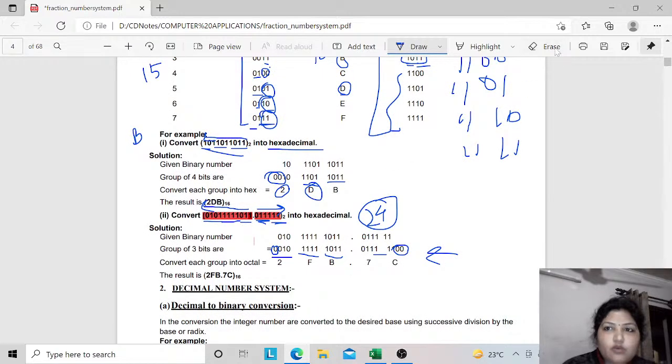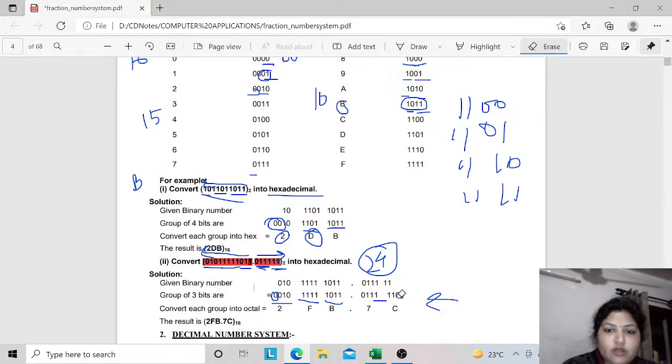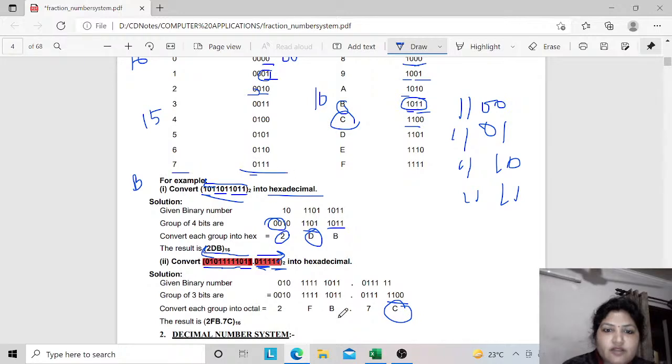Now you apply the table over here. 1100 would be my C, so here I will put C. 0111 is 7, so I will have 7.